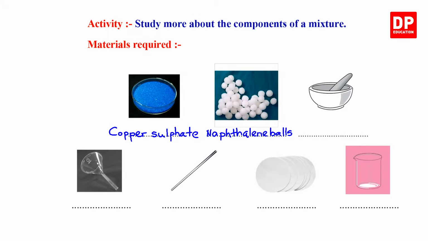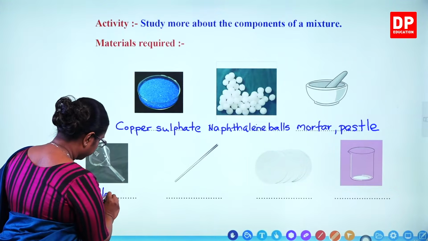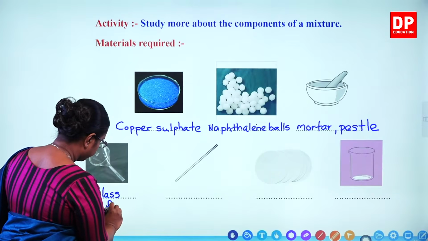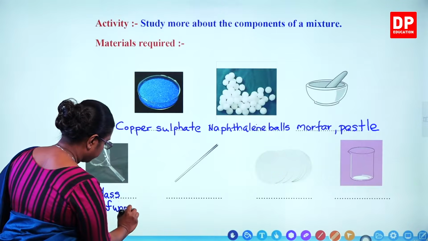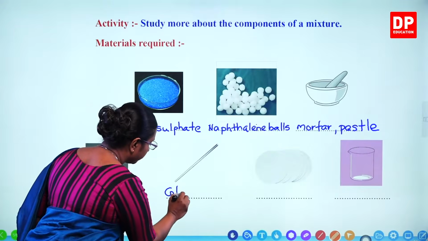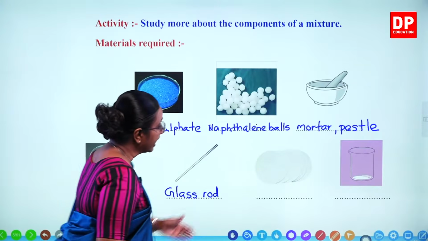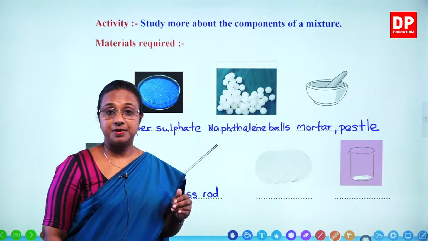Then we need the mortar and the pestle. We need a glass funnel and a glass rod. And these are filter papers.